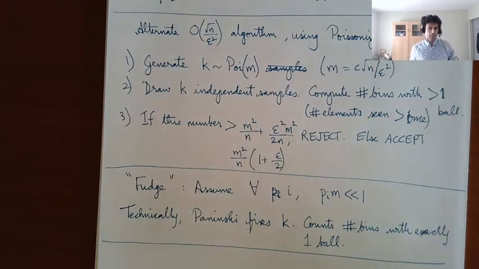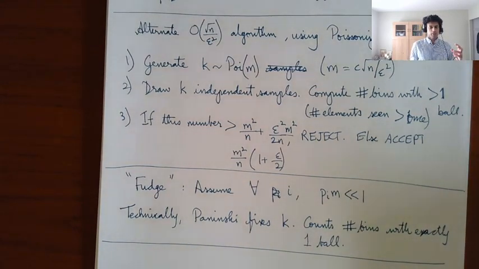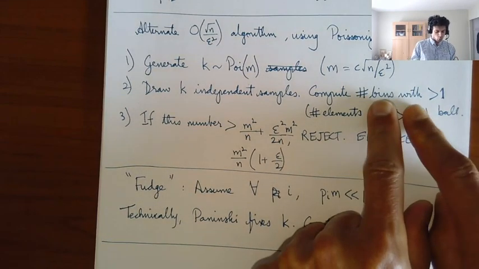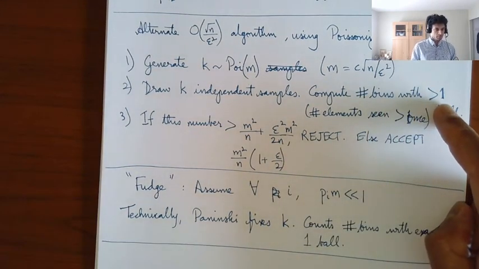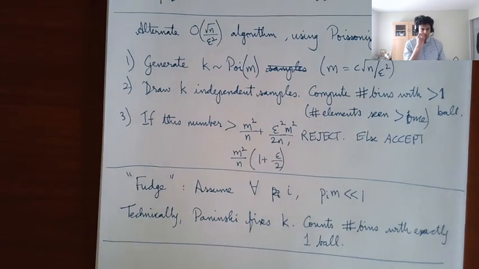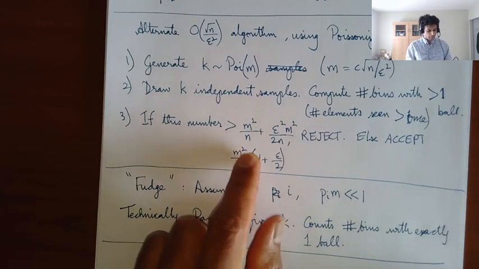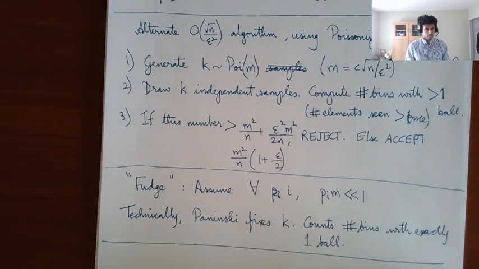And so let me tell you why. Suppose you had this one bin that had extremely high probability. So there's only going to be one bin that has more than one ball. Okay, so sorry, let me answer this question. Let me do the analysis and then let me answer that question.